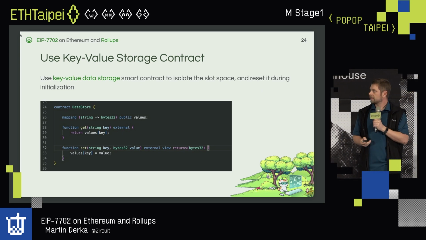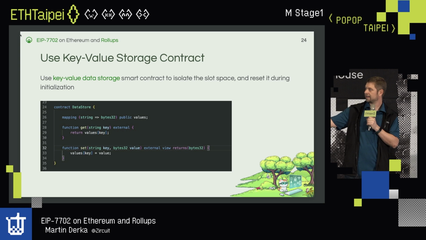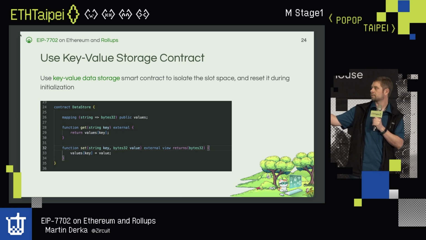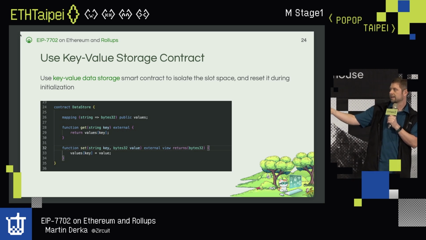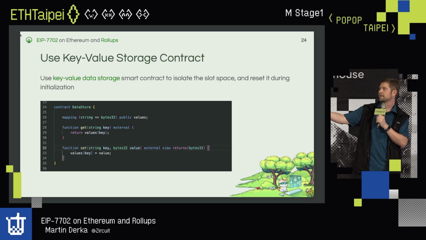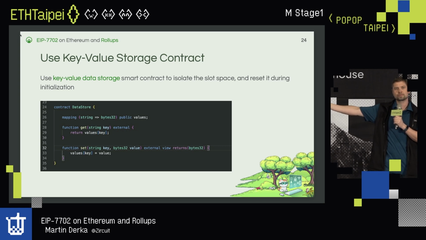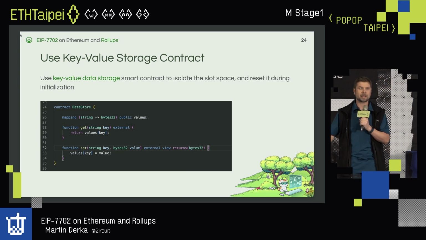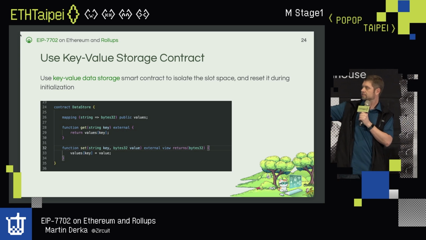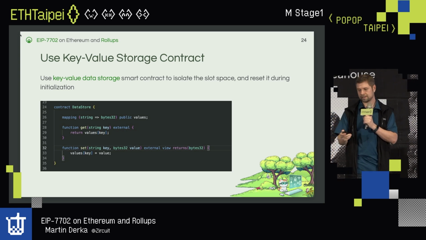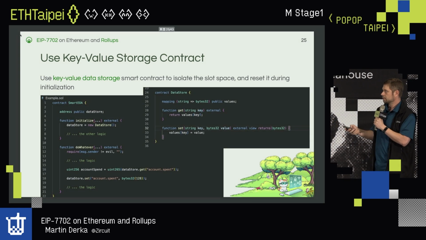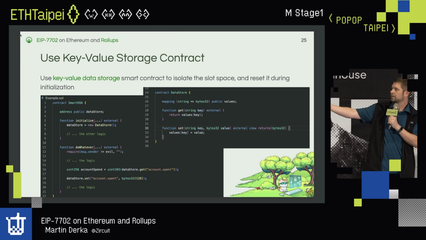If you want to, you can use something like a simple key value data store. So this is a smart contract, right? It just records mappings of strings into some byte values that you can typecast to whatever you want. And it has 2 methods, getter and setter. Well, if you wanted to use it, you would use it somewhat like this.